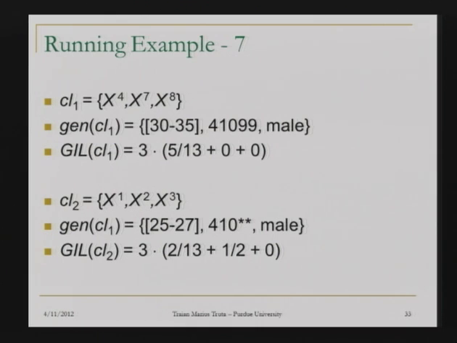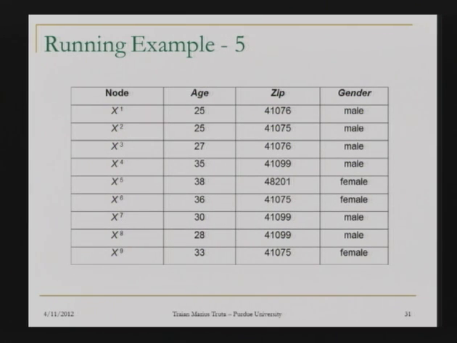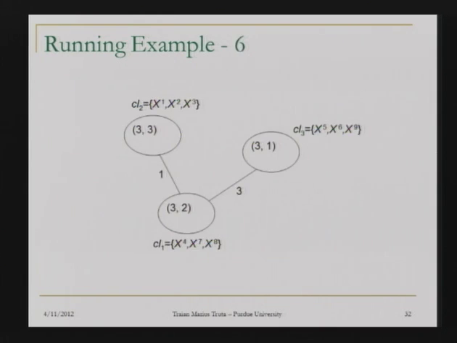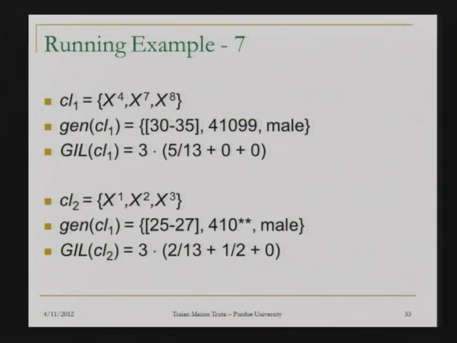Now, how do we compute the generalization information loss? Well, we multiply by the number of nodes in the cluster, 3, times 2 over 13. 2 is the range of the interval 25 to 27. 13 is the range of values for the whole data set, the maximum minus the minimum value, between 38 and 25, so this is 13. This is how we compute the generalization information loss for an ordinal attribute such as age.